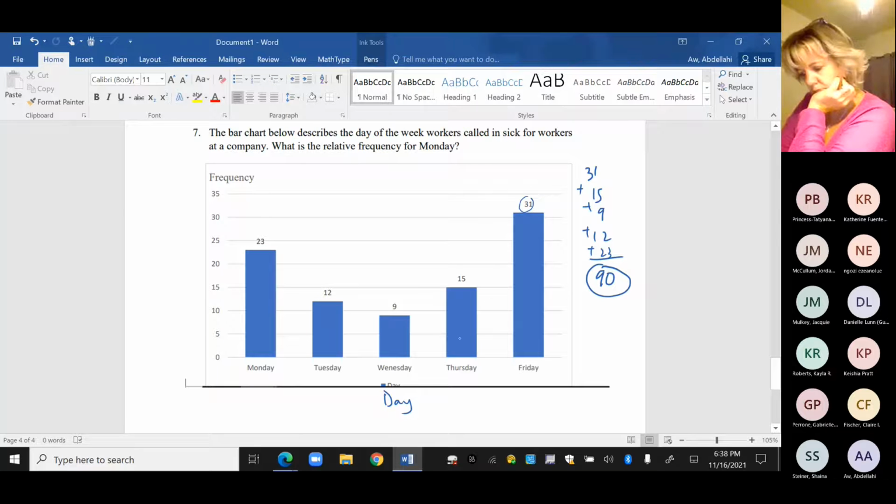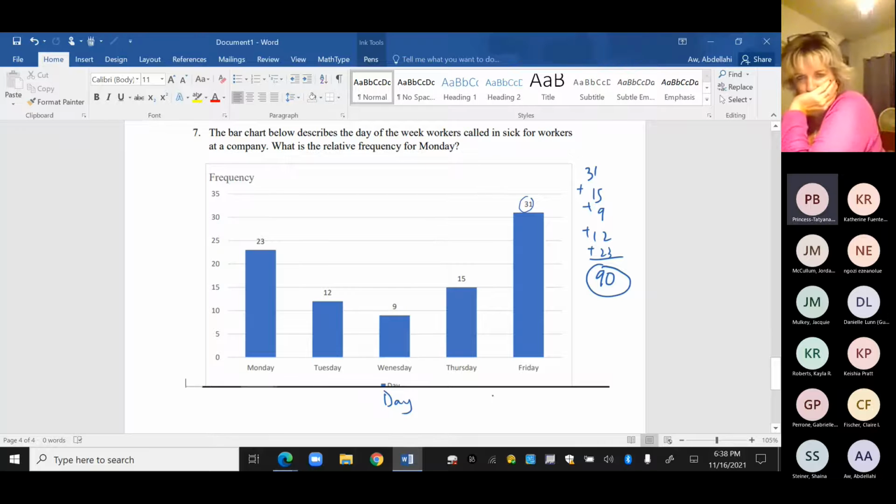So the relative frequency for Monday will be 23 divided by 90, right? So now, since here they didn't say anything about the format of the answer, they just say what is the relative frequency, you can leave it like that.